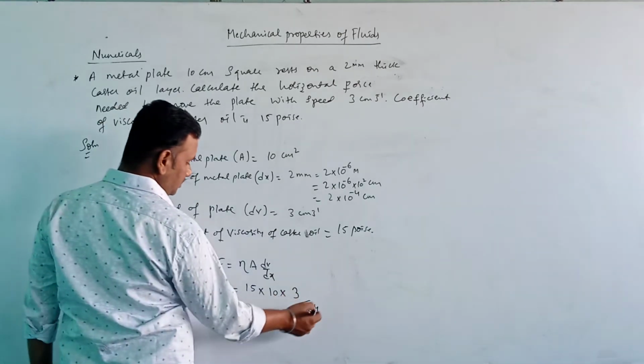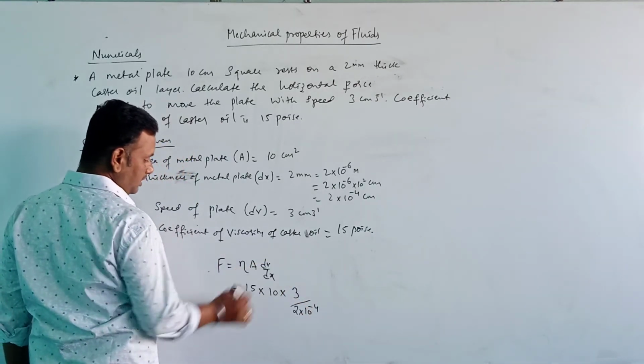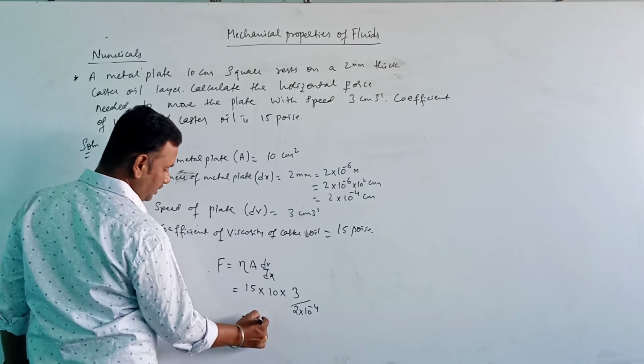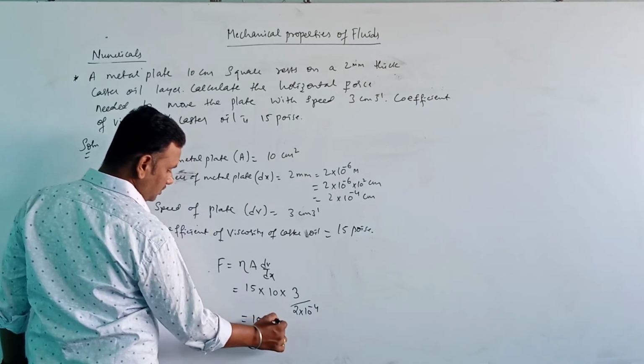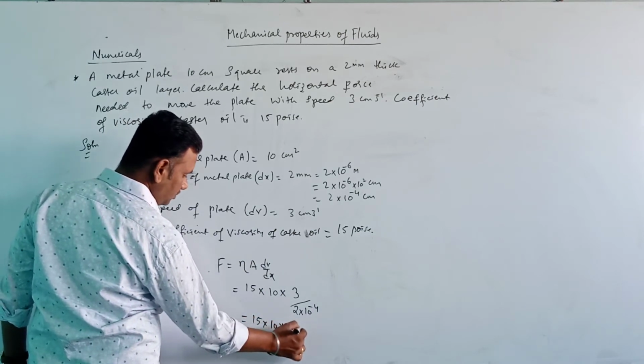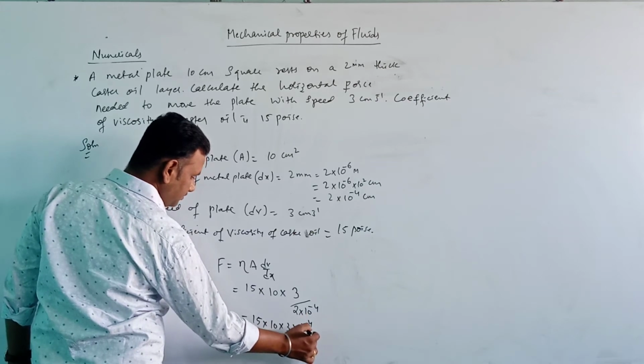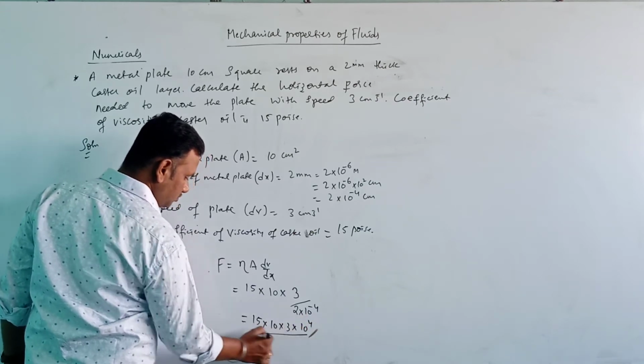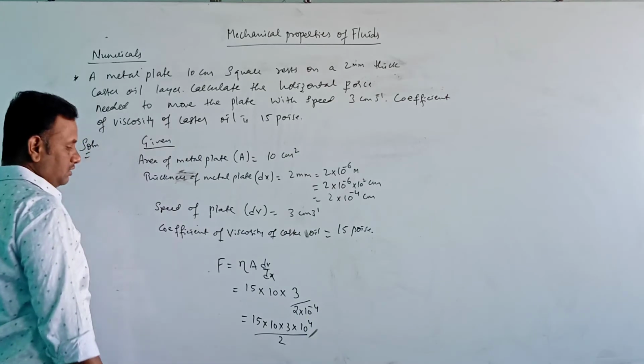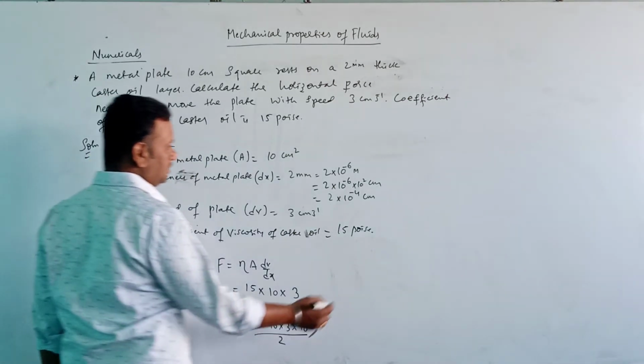Now if this 10 to the power of minus 4 goes to the numerator, then it will be 15 into 10 into 3 into 10 to the power of 4 divided by 2. Now you calculate how much answer you will get. Let us see.